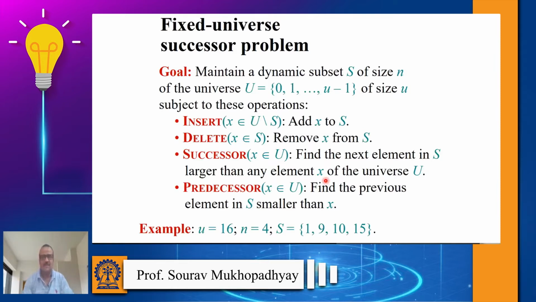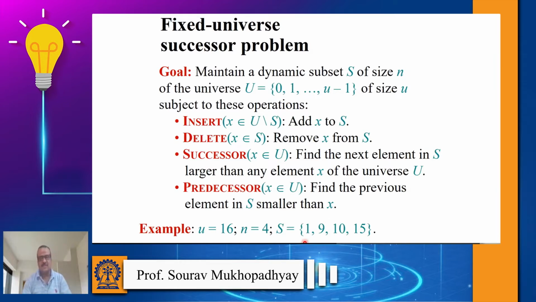Similarly, we can define the predecessor, the previous element. If I ask you what is the successor of 2, although 2 is not in this set S, 2 is in the universe. We can do the successor query for any key from the universe, since the universe is the set of all possible keys.